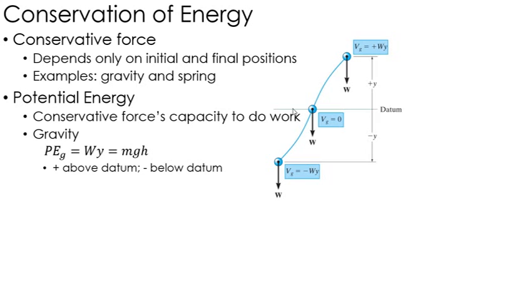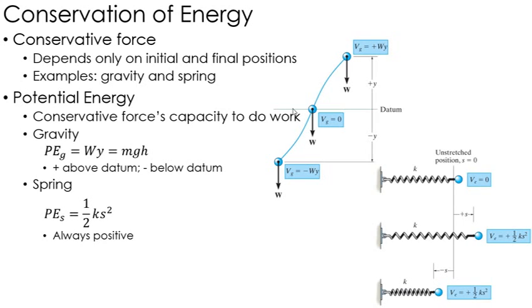Okay. Now, a spring's potential energy is defined as its potential to do work, which is 1/2 ks squared, which is the work of a spring. Now, this is always going to be positive, not only because I've got this s squared, but if you think about it, if my particle is moved in the positive s direction, to pull it back to datum, the unstretched length, the force is going to pull it to the left, so the force and the displacement back to datum are in the same direction.